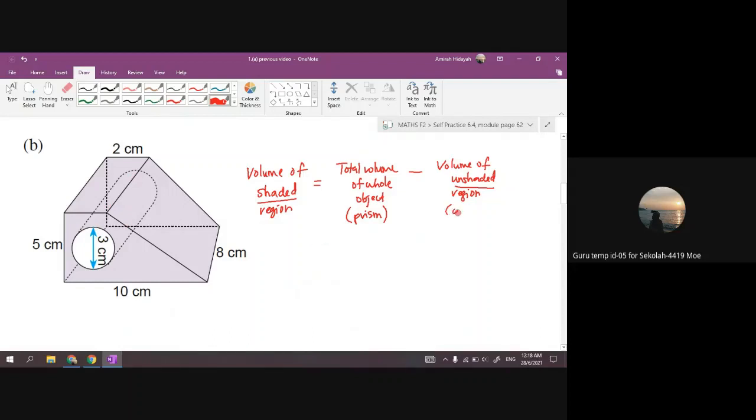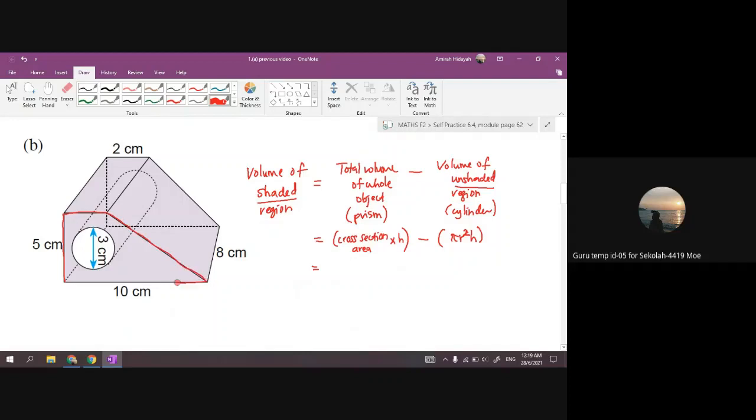Alright, so the cylinder. You know the formula for volume of prism is cross section area times height, right? Then minus the volume of cylinder, which is pi r square h. The cross section area of this prism is a trapezium, which I also explained in the previous video.